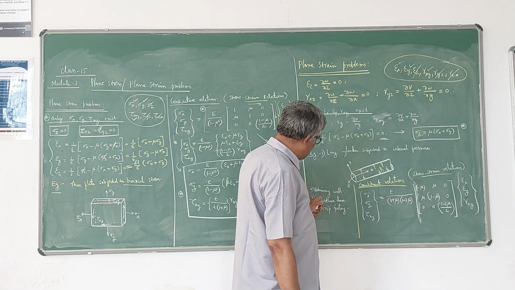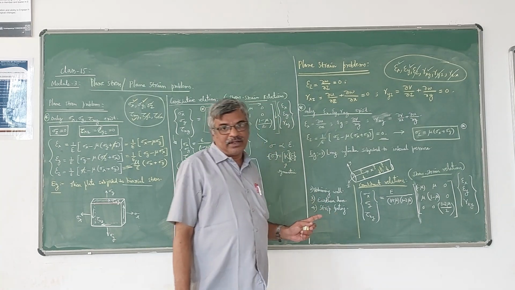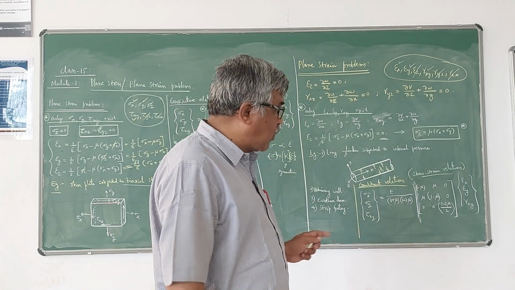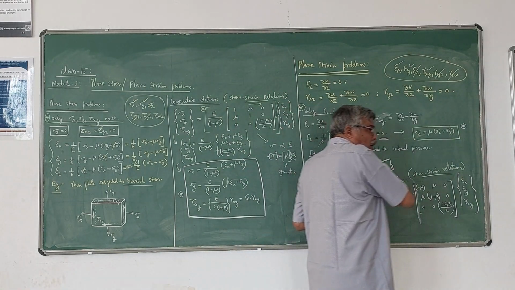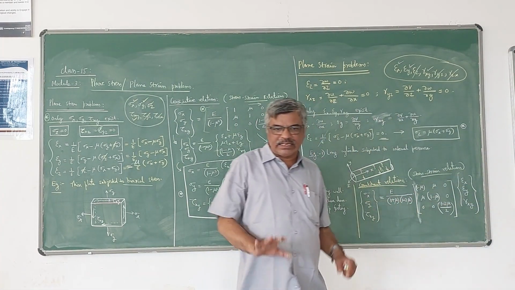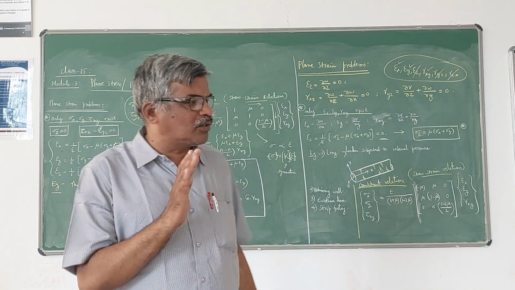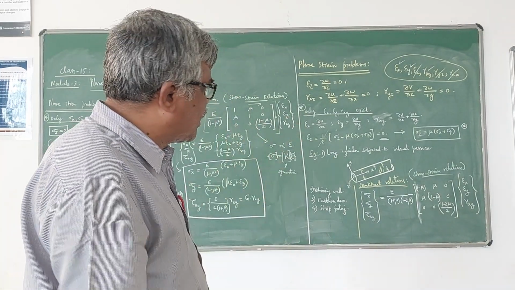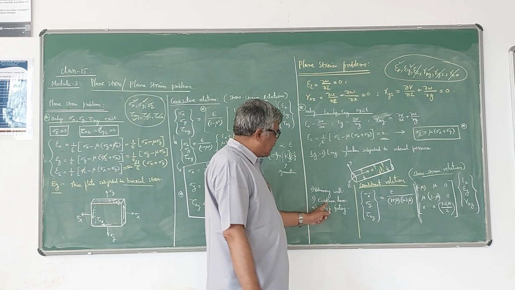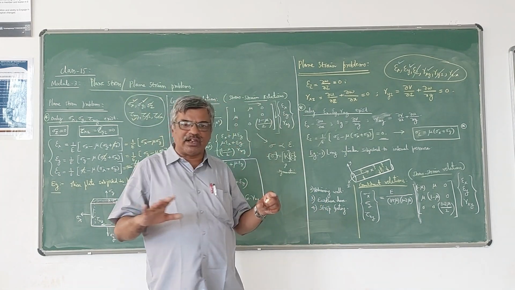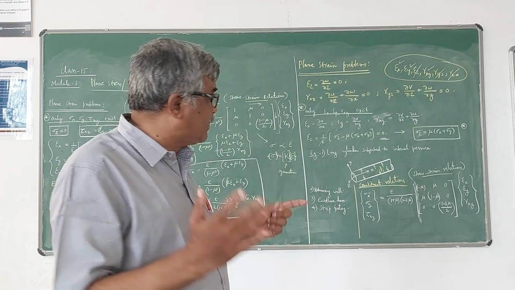Another example is retaining wall. One direction is having large dimension. That is the meaning. X direction in retaining wall, length is very large compared to your cross-sectional dimensions. Similarly, earthen dam, length of the dam is very very large compared to your height and width.